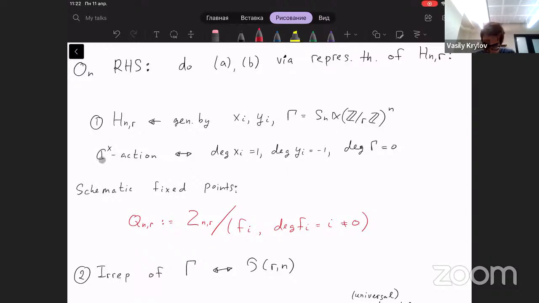The C^* action, with respect to which we're taking schematic fixed points, corresponds to the grading on this algebra, such that the degree of x_i is 1, degree of y_i is -1, and degree of Gamma is 0. And schematic fixed points, from the definition, are the quotient of this center by the functions f_i which have non-zero degree.